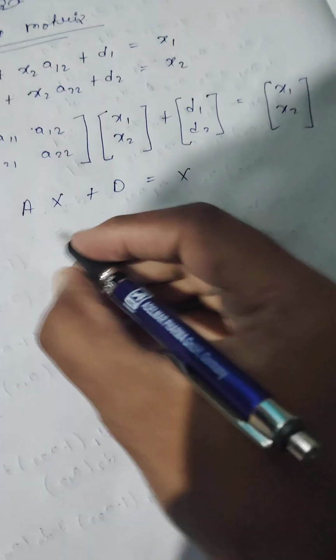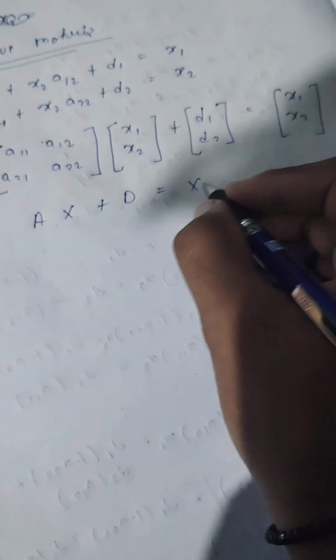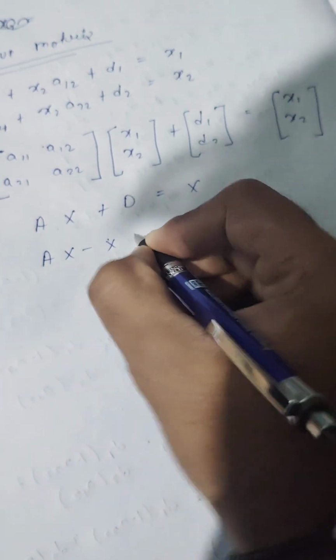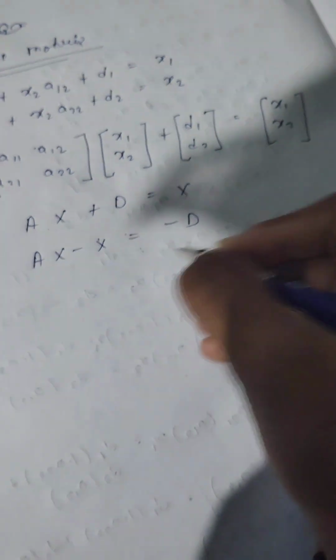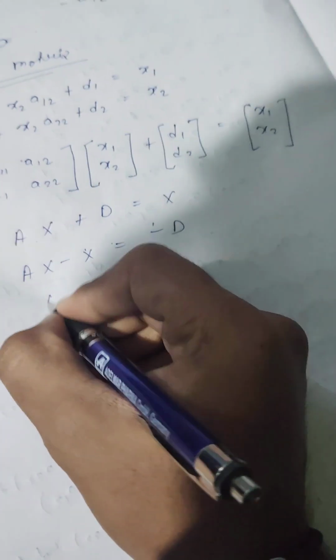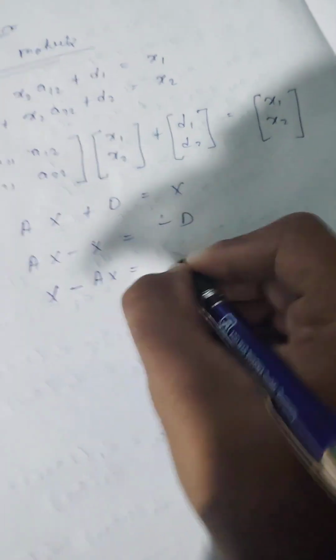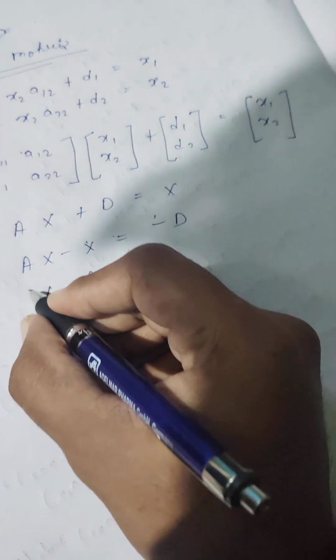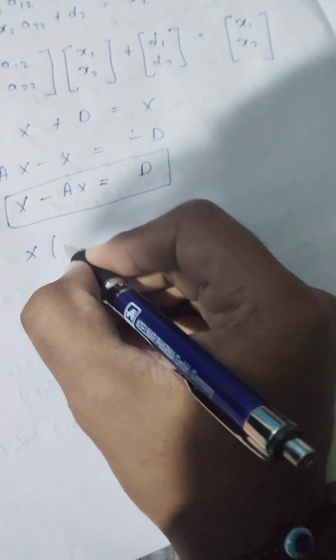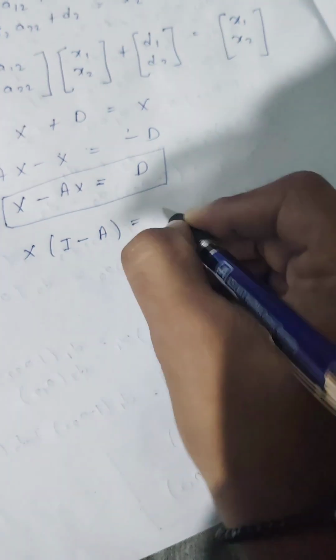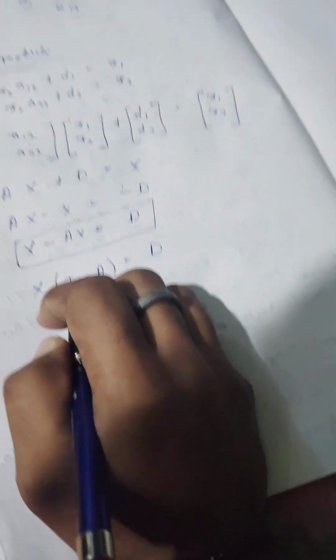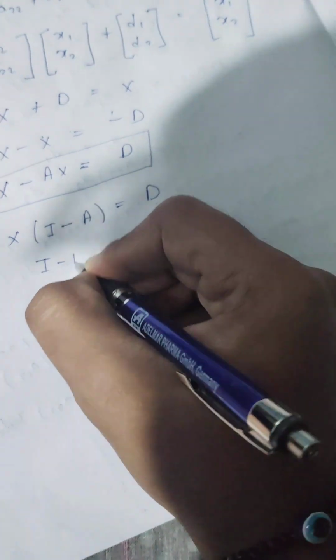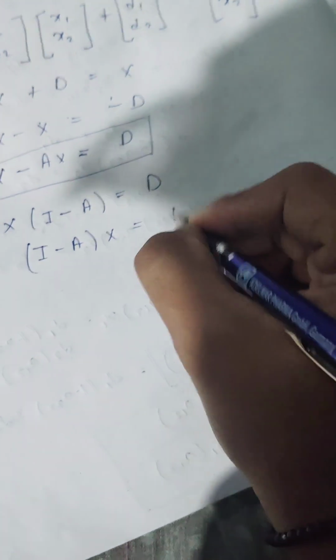In order to get rid of X, we will take X this side. So AX minus X is equal to minus D. Multiply the equation with minus 1 to get rid of this minus. We will get X minus AX is equal to D. Taking X as common, identity matrix minus A times X is equal to D. Now we can write this equation as I minus A into X is equal to D. Multiply here or here, doesn't matter.